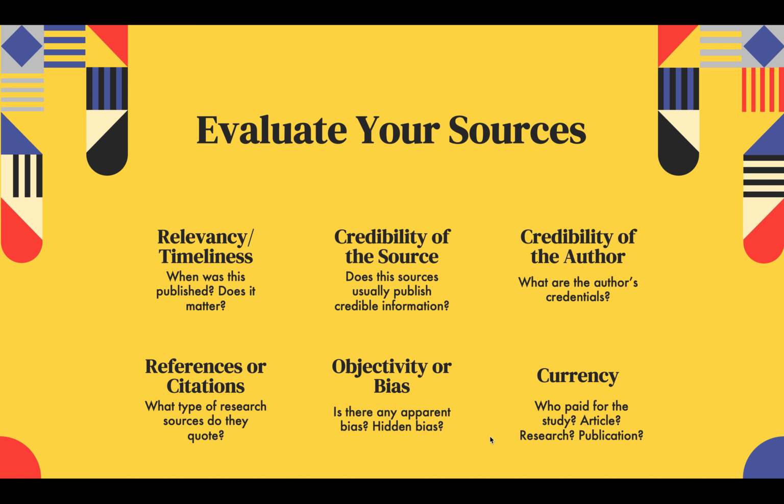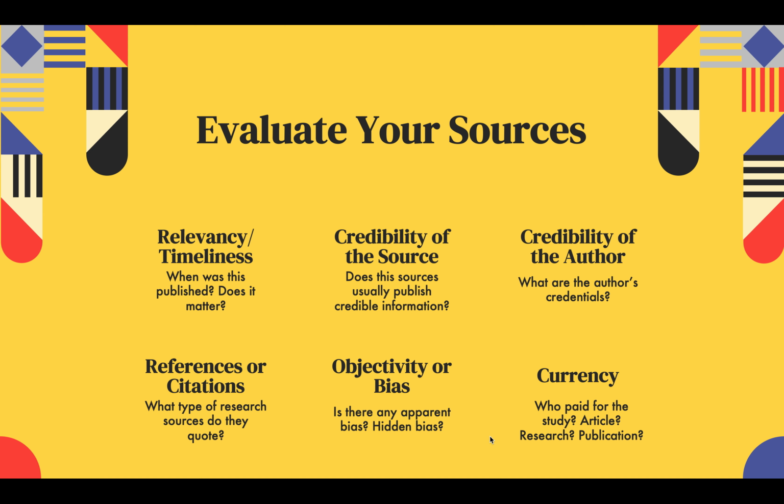The first one is relevancy or timeliness. When was this published? Does it matter when it was published? If you are writing an essay on genetic engineering, something from 5 years ago is old news, right? It maybe is not relevant anymore. Whereas if you're writing on a topic like Macbeth by Shakespeare, maybe something published 200 years ago is exactly the piece that you need for your research paper.